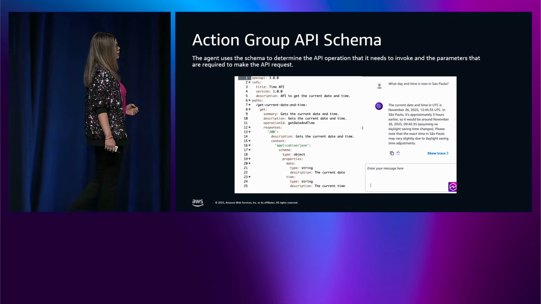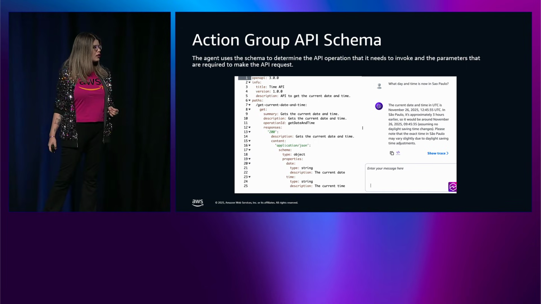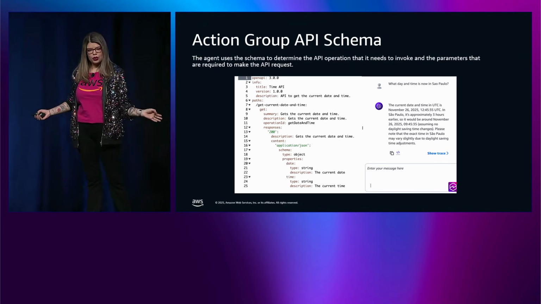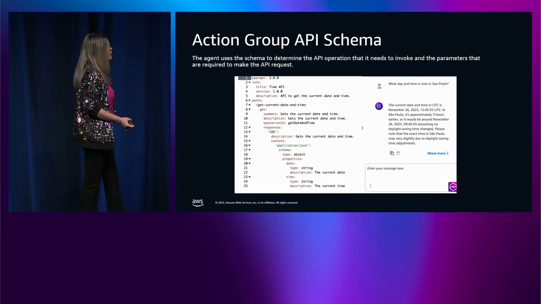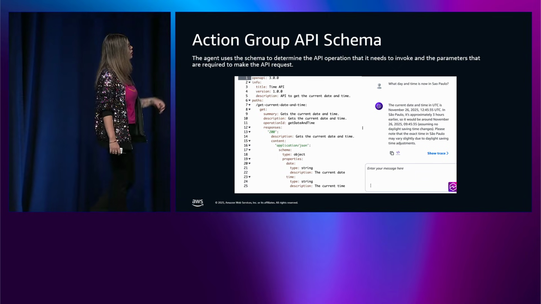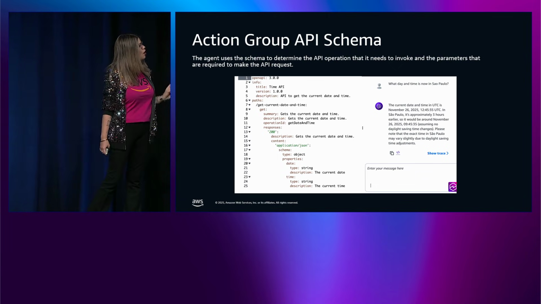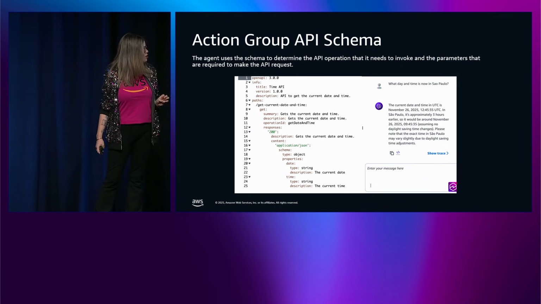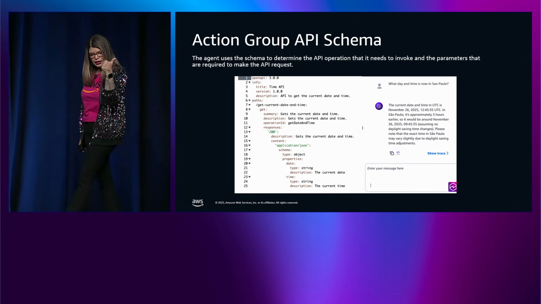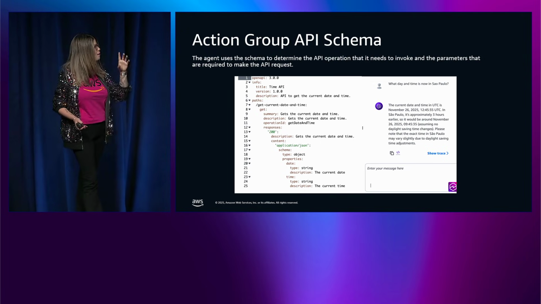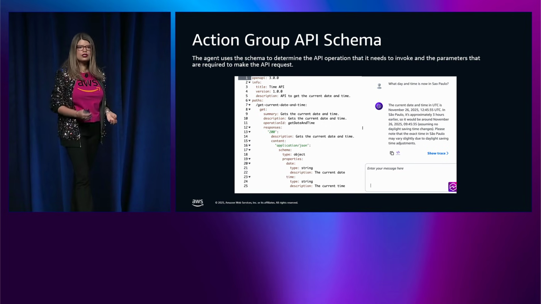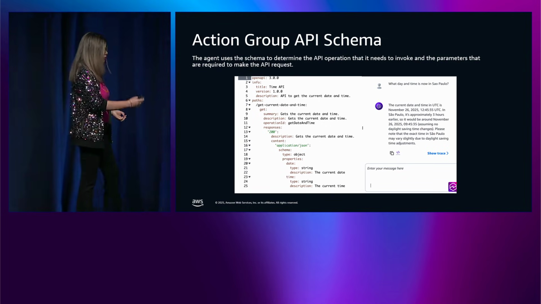I have a Lambda function that can check the time in any place of the world, so I chose my city, São Paulo, and asked what day and time is now in São Paulo, and it was 26th of November. So it worked perfectly, and this is in the interface. I made a test in the interface of the Bedrock agents, okay?